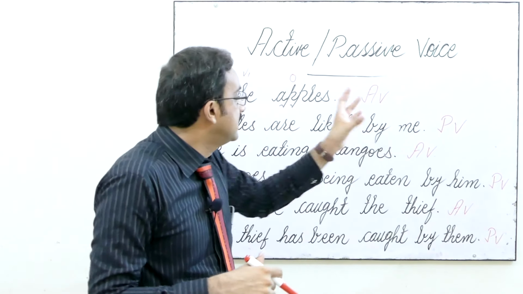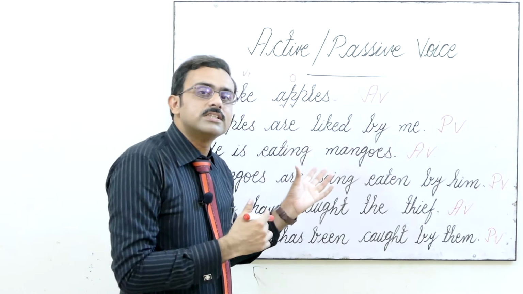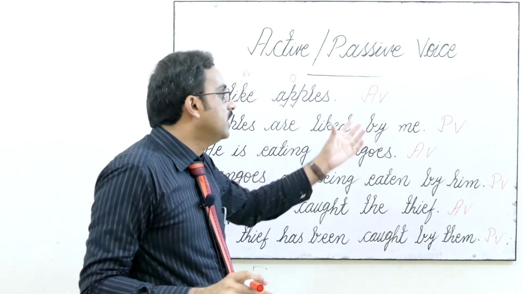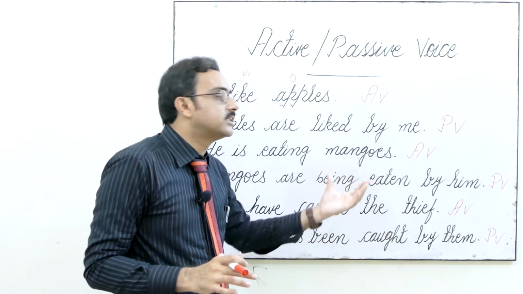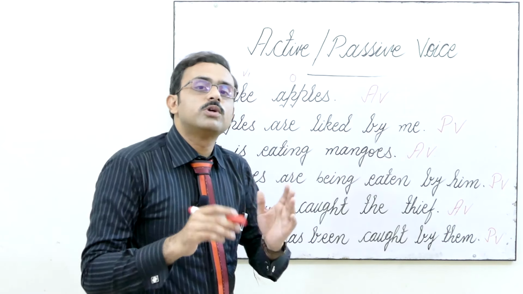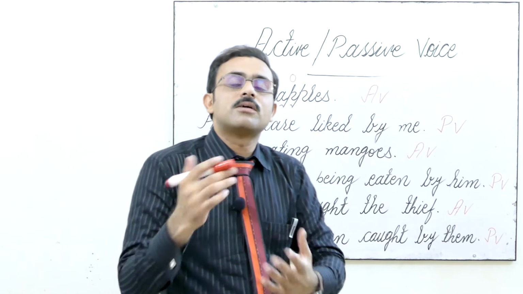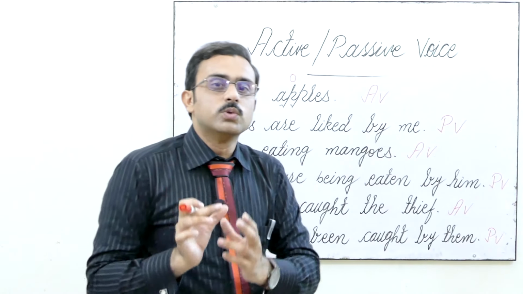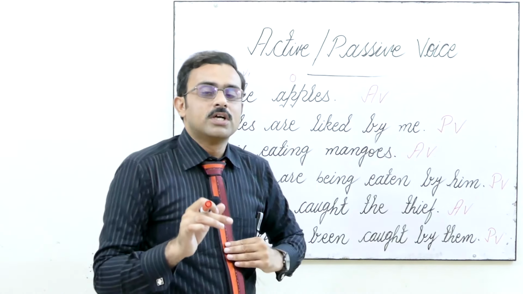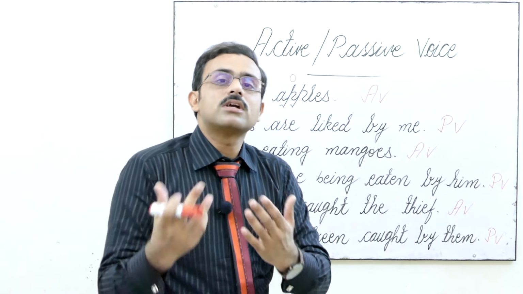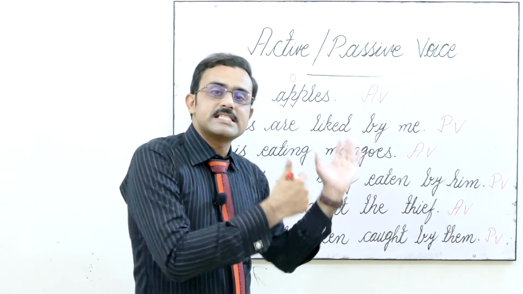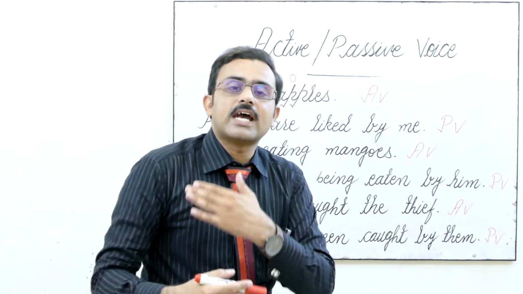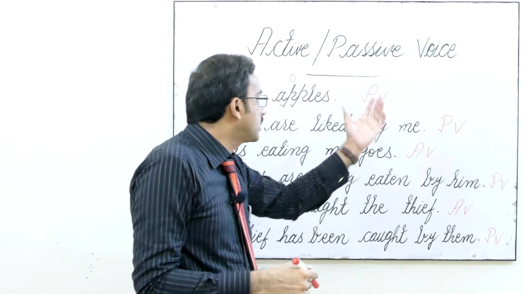Watch these sentences carefully. If you carefully observe this segment, definitely you would be able to have a command over active voice and passive voice. There are certain rules. You have to follow these rules. You have to see how I'm going to change active into passive.